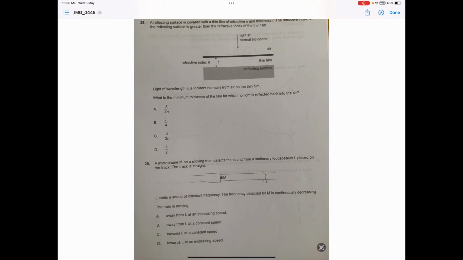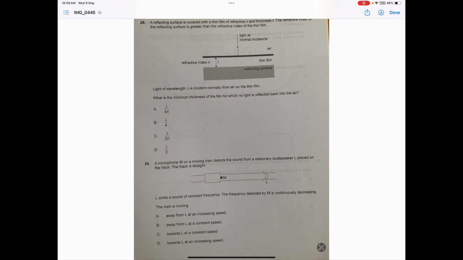So number 28, our reflecting surface is covered with a thin film of refractive index n, the thickness T. The refractive index of the reflecting surface is greater than the refractive index of the thin film. So we're given this diagram. Light of wavelength lambda is incident normally from air onto the thin film.